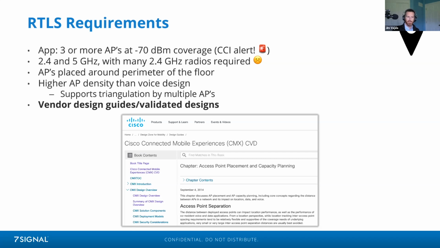Cisco and Aruba, I know both have published documentation on this. And these are also proprietary technologies. So you really are leaning on the vendors' design guides to make this work. It's going to be a little bit different for every vendor that does it. So use those when you're considering doing this.